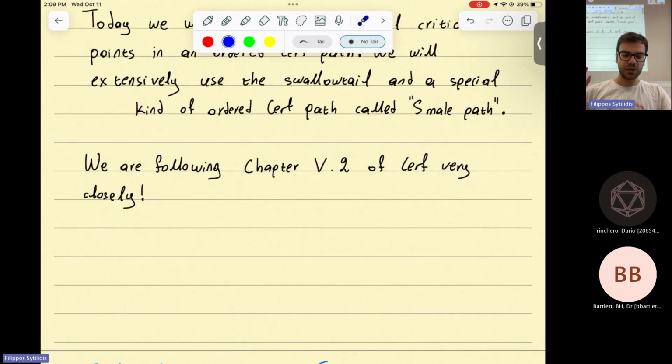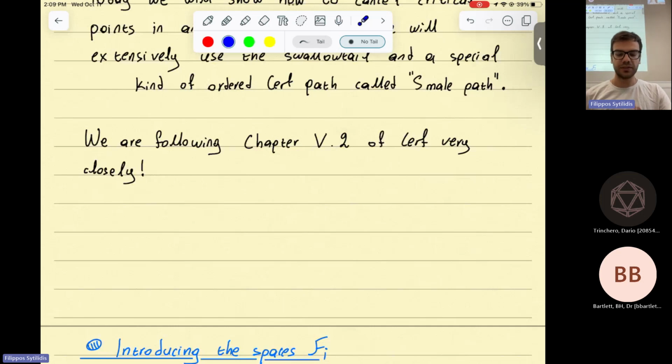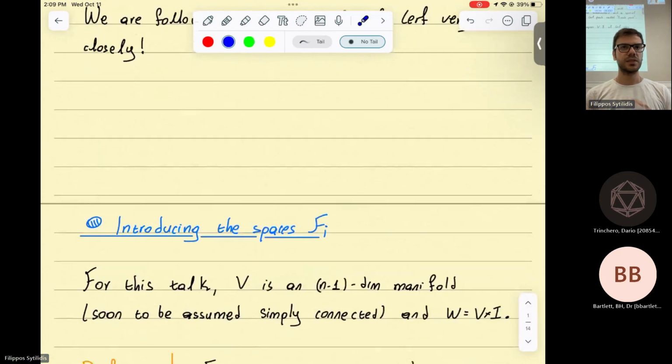And let me just say that we are following chapter V.2 of Cerf very closely. So at some points, I'll have pictures from Cerf's book, and we can go through them. But that's roughly the plan for today. Is that okay?